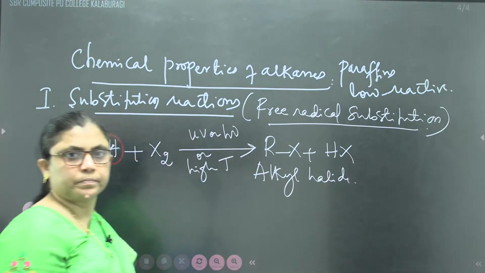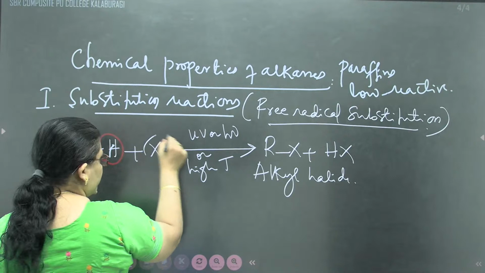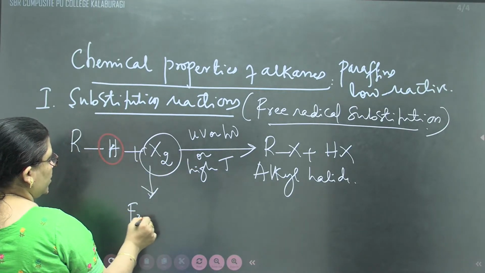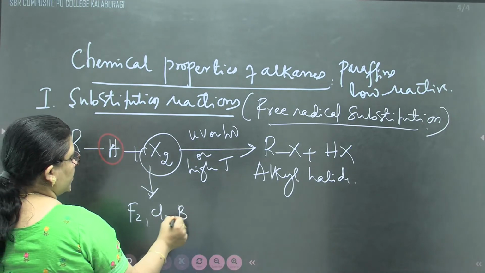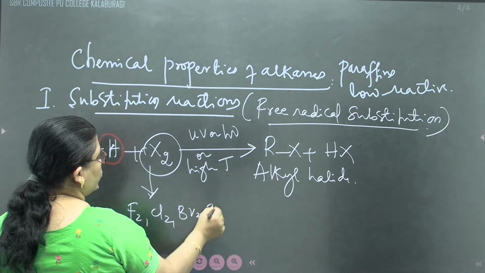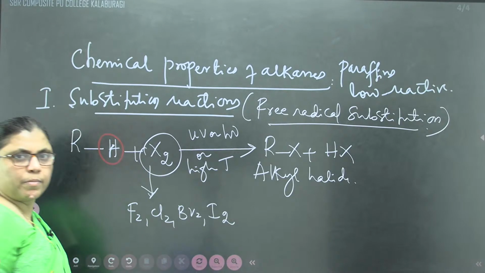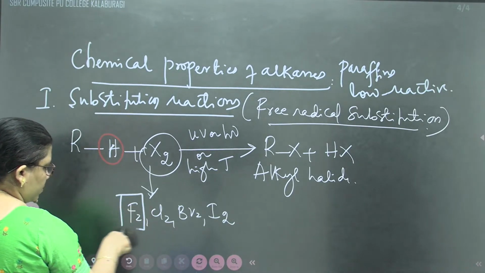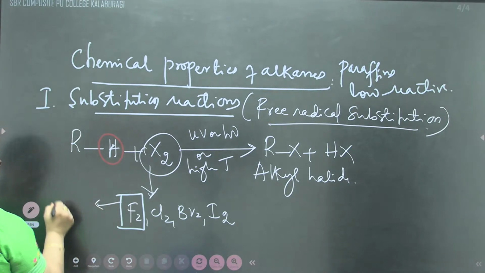Here, this X2 may be fluorine, chlorine, bromine, or iodine. Remember, fluorine gives a highly exothermic, violent reaction.